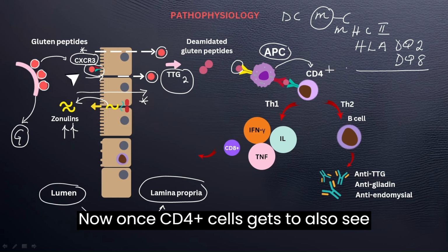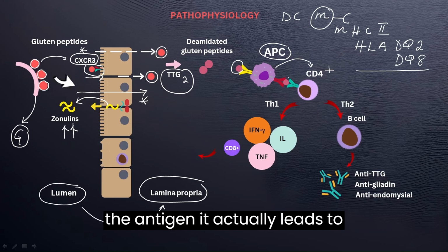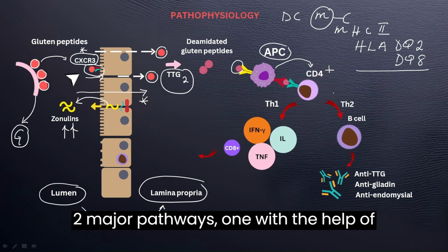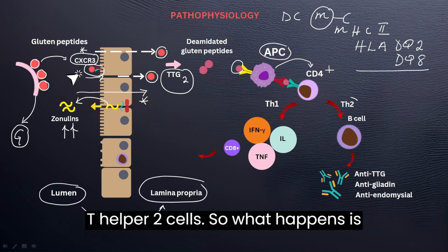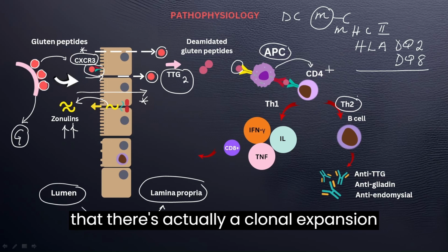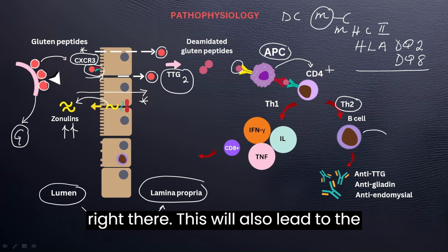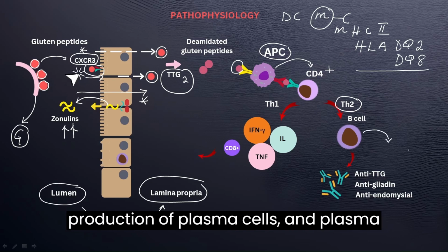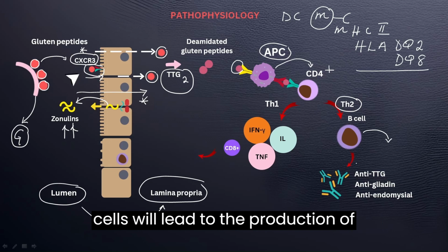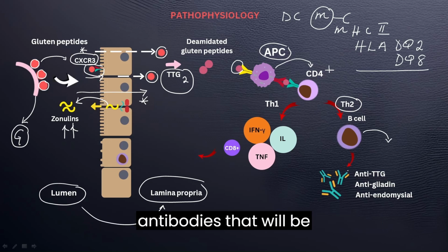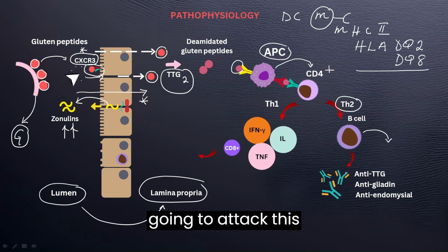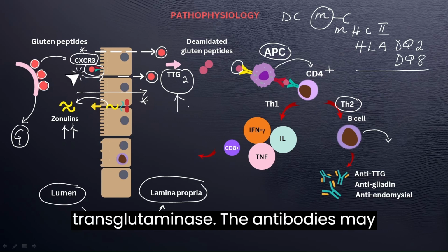Now, once CD4 cells get to also see the antigen, it actually leads to two major pathways, one with the help of T helper 2 cells. So what happens is that there's actually a clonal expansion of B cell lymphocytes, as you can see right there. And this will also lead to the production of plasma cells, and plasma cells will lead to the production of antibodies that will attack this enzyme that we call tissue transglutaminase.